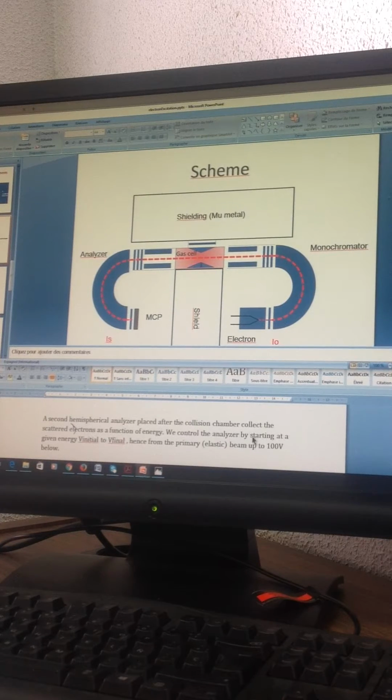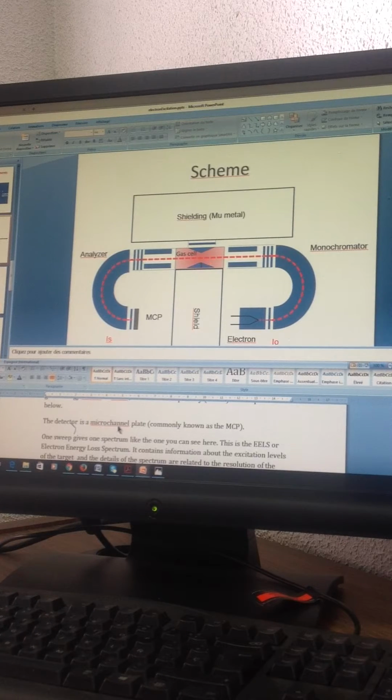And we control the analyzer from a computer in a remote mode, starting at a given energy, V initial to V final, and hence the primary elastic beam is covered up to 100 eV. So you're sweeping from, let's just say, 100 eV down to 0 eV, decreasing, and then you cover all the range to get all the scattered electrons in this energy range.